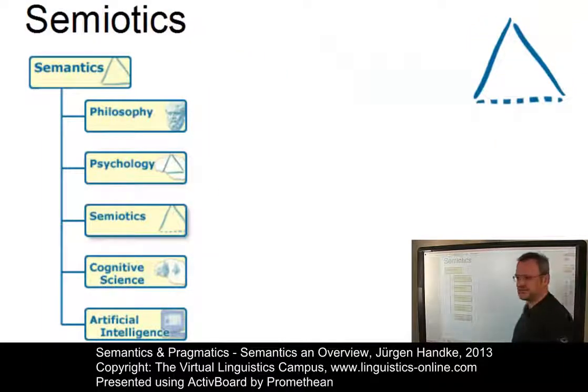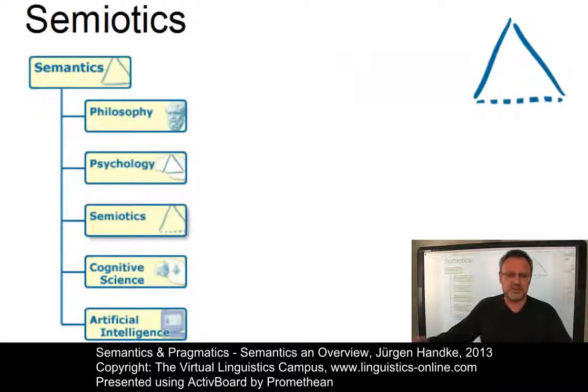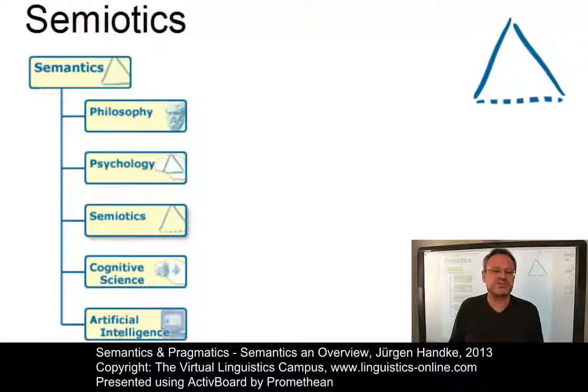In semiotics, the study of signs, language is viewed as one symbolic system among many. Linguistic meaning is regarded as a special subset of the more general human capacity to make one thing stand for another, that is, to identify and create signs.